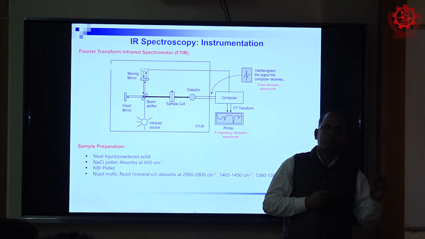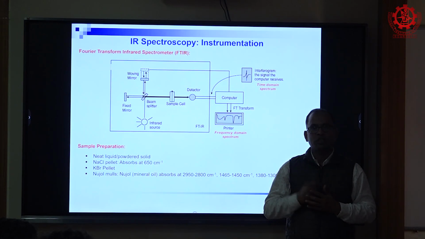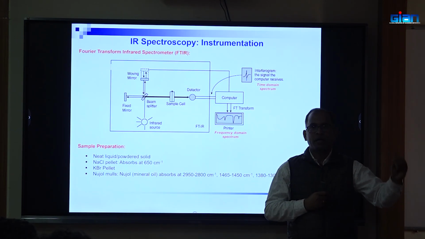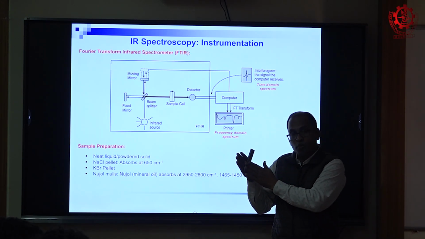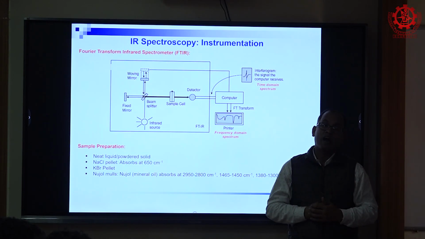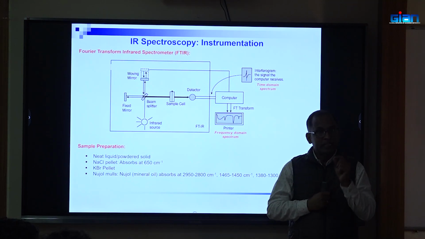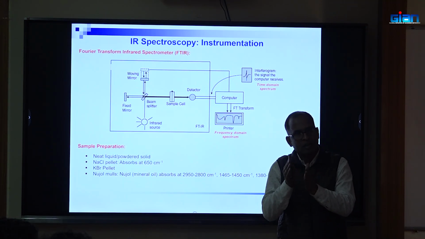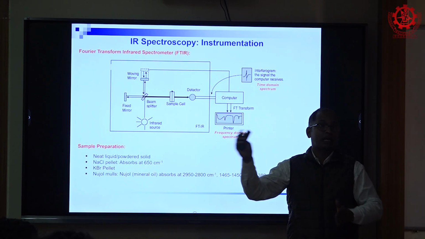Then you gave 450 to 500 and checked again, then 500 to 550, 550 to 600, and like that you go from 400 to 4000. You can imagine how much time it will take. Getting my point? Individually you give all these IR frequencies sequentially.